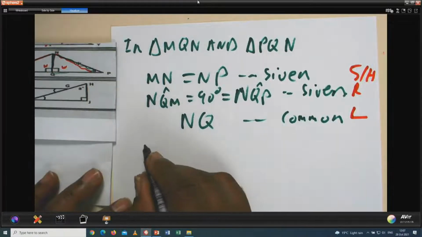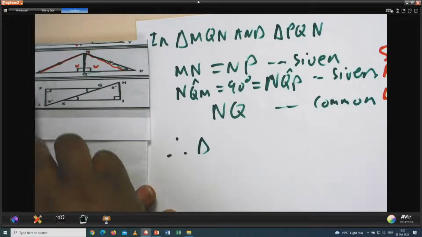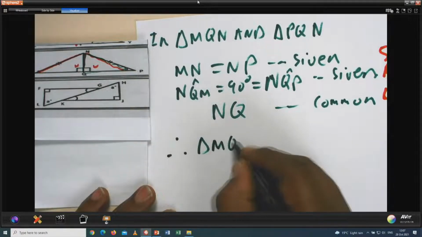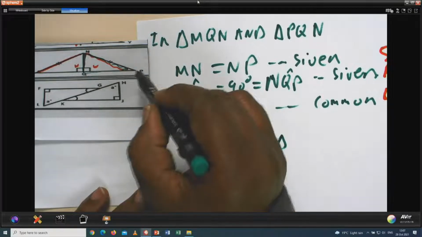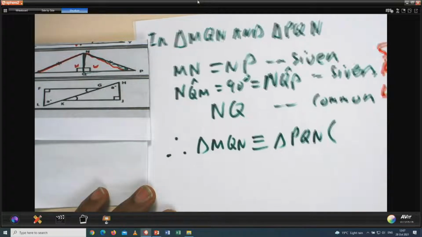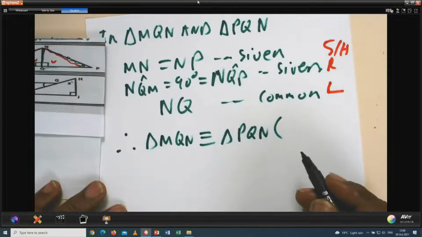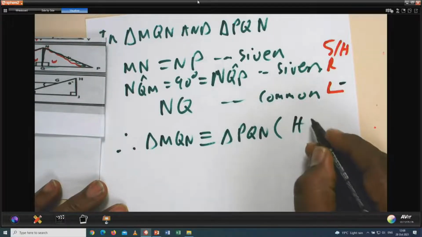Therefore, we can safely say triangle MQN is congruent to triangle PQN. Why?